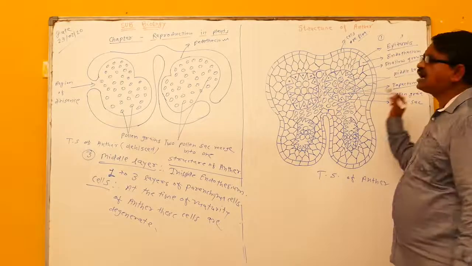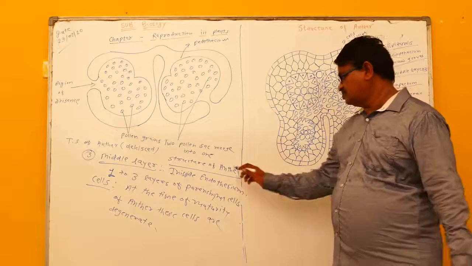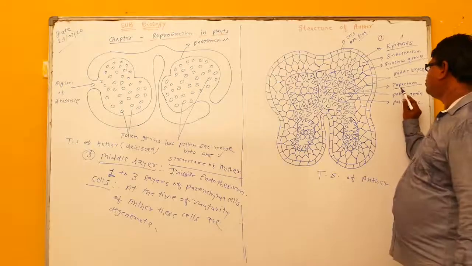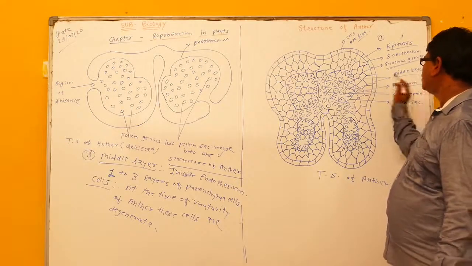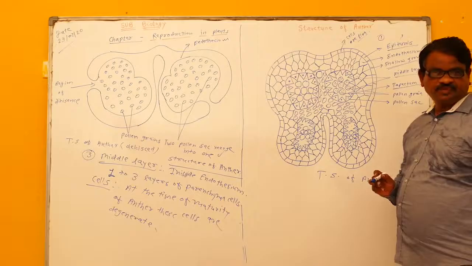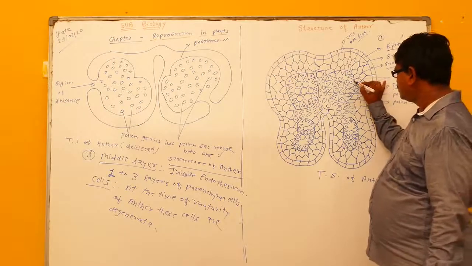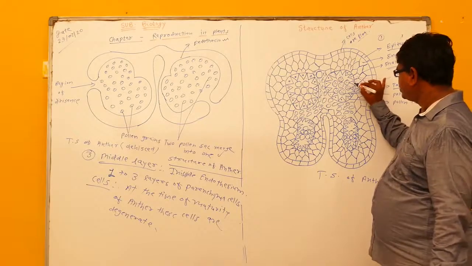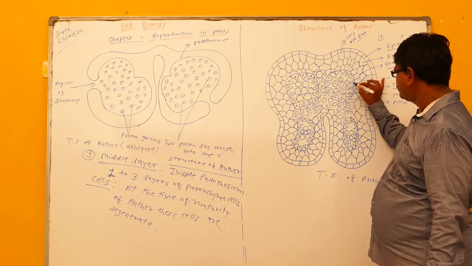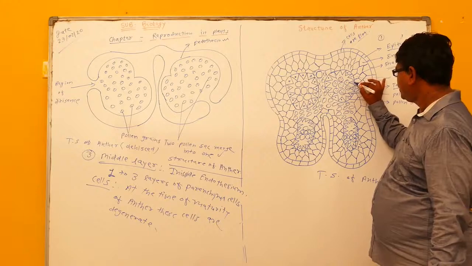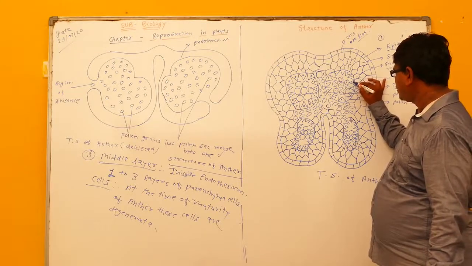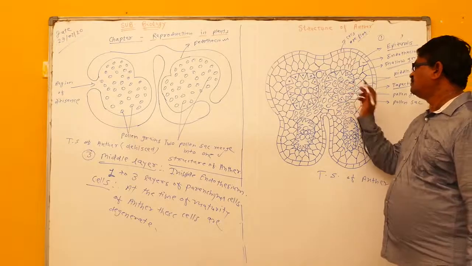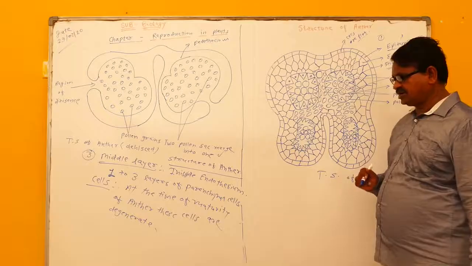The tapetum is the last layer of the wall of the anther. It is just inside the middle layer. The cells of this tapetum contain dense cytoplasm, and at least one nucleus is present in these cells.